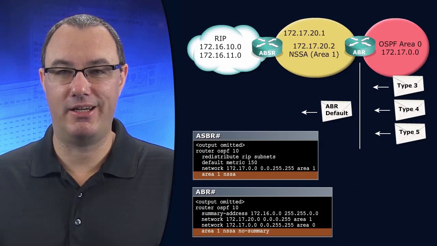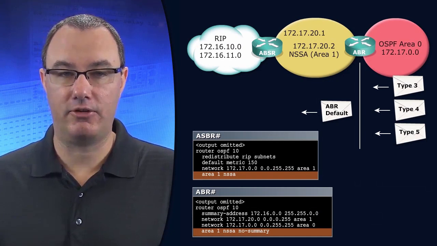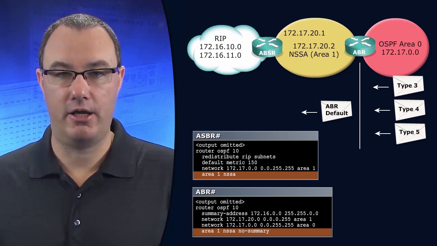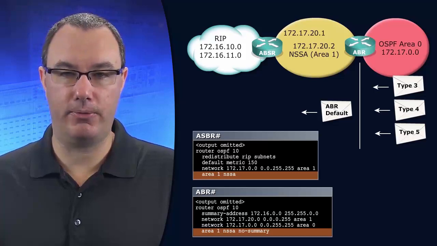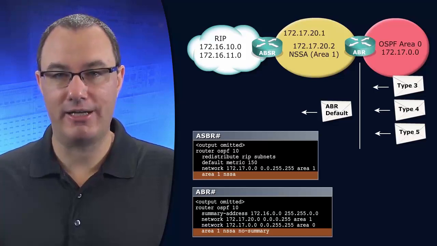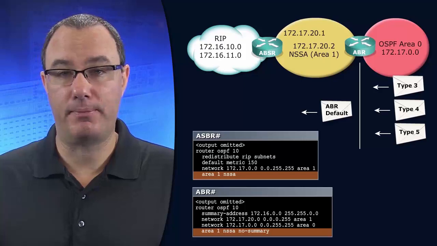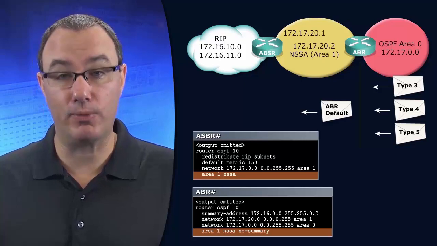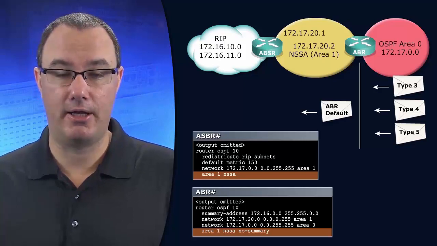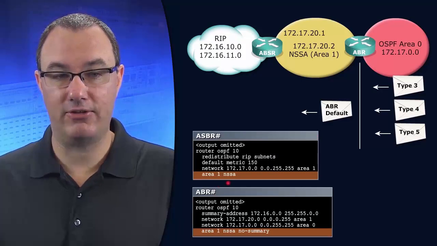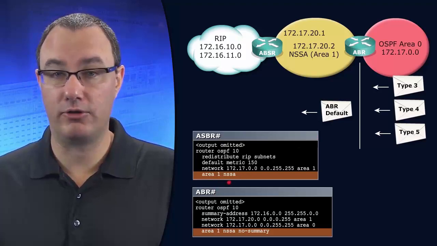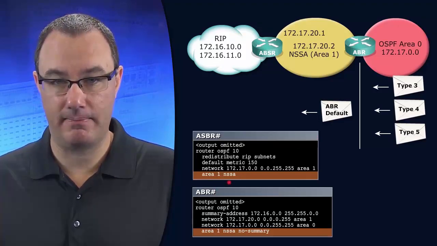With anything as complicated as a totally NSSA, we have to be absolutely certain what to do when configuring a new setup or validating or correcting an existing setup. What we do is this. We look for the existence of area NSSA on all routers participating in this area.